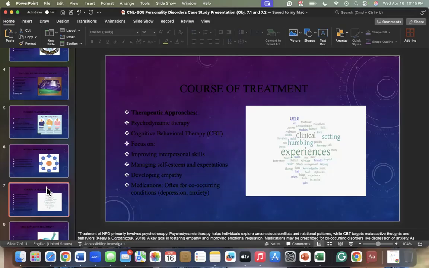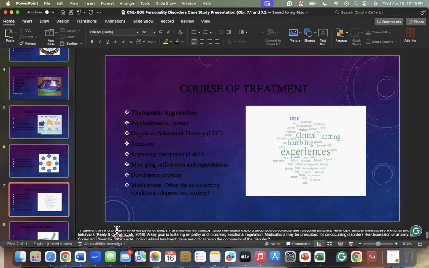Also, a key goal when it comes to empathy and improving emotional regulation is to really get them to understand or find who they really are. And also get down to the co-occurring disorders that you may need medication for, such as depression or anxiety.